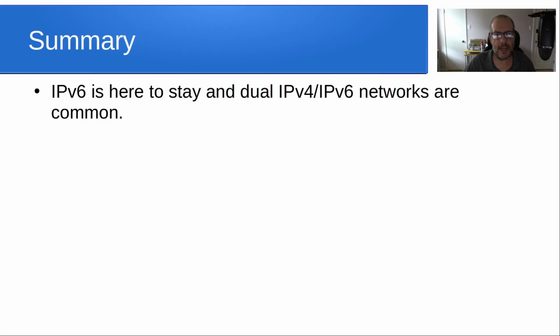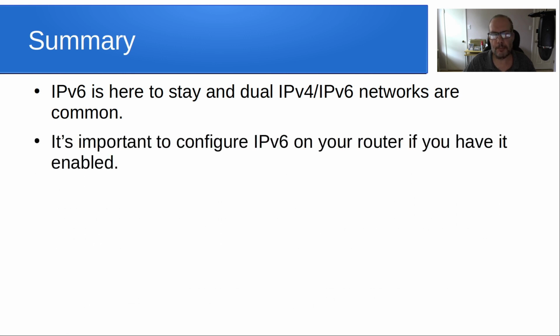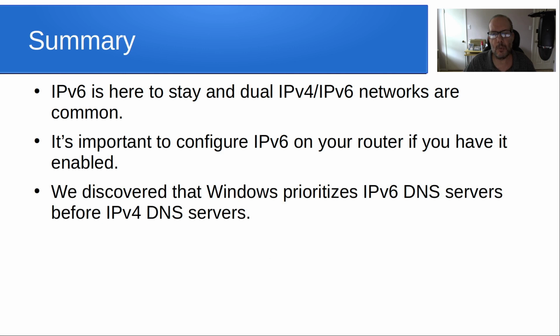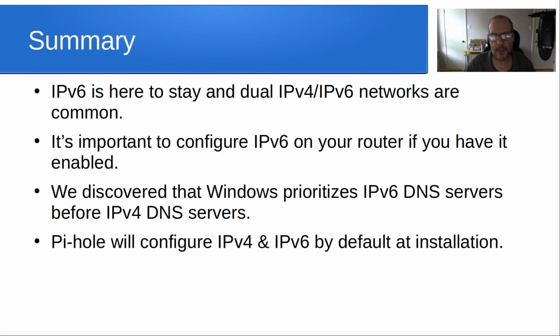So in summary, IPv6 is here to stay, and dual IPv4, IPv6 networks are becoming much more common. It's important to configure your IPv6 on your router if you have enabled IPv6. We discovered that Windows prioritizes IPv6 DNS servers before IPv4 DNS servers.